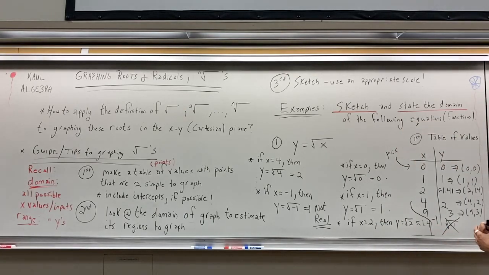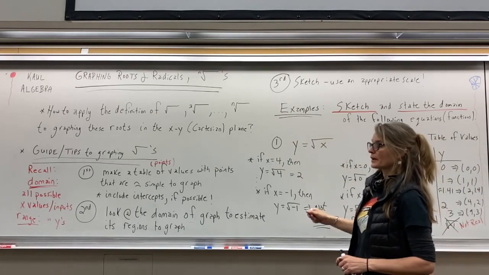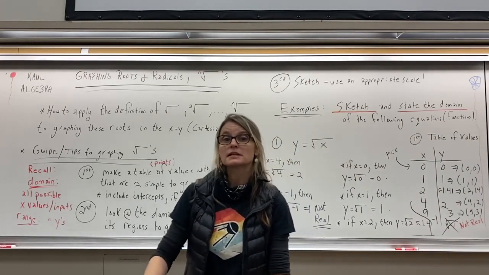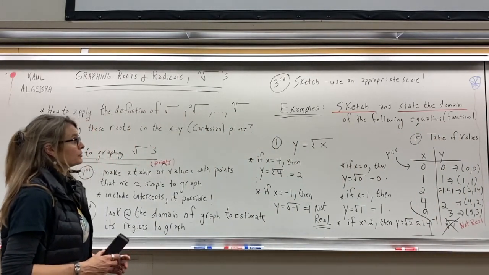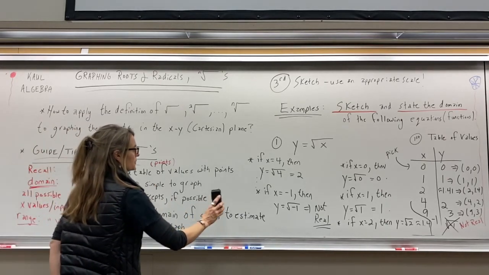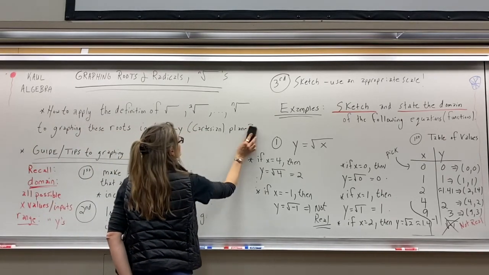And in those cases, we cross this out. This is not real, which means it's not part of our domain. We're not allowed to have any negative inputs in this specific equation because it doesn't give you a valid real output. Okay, so let's go ahead and do a sketch here.